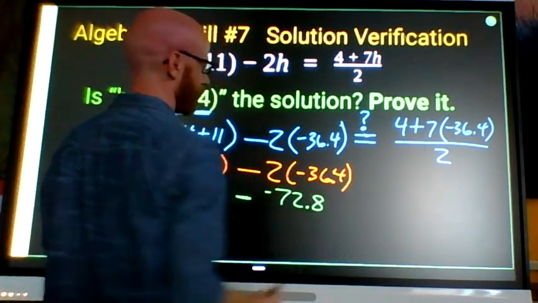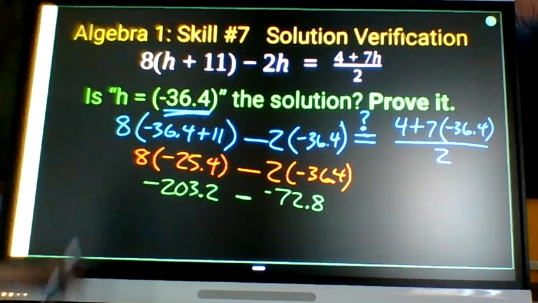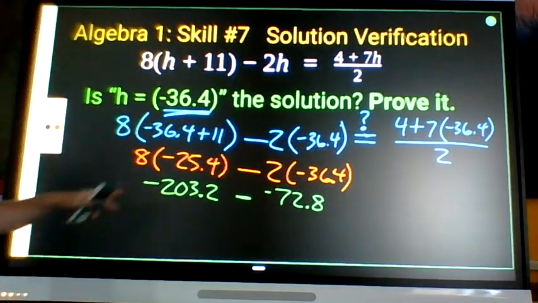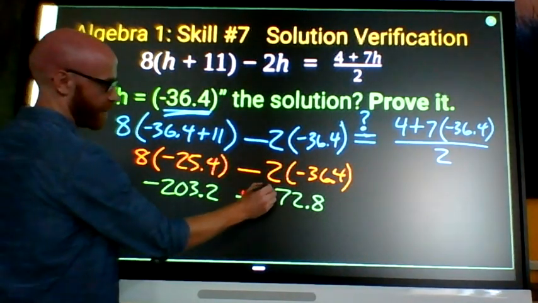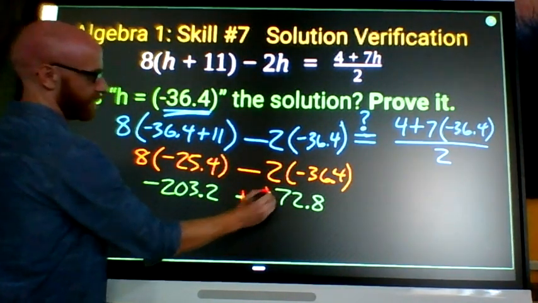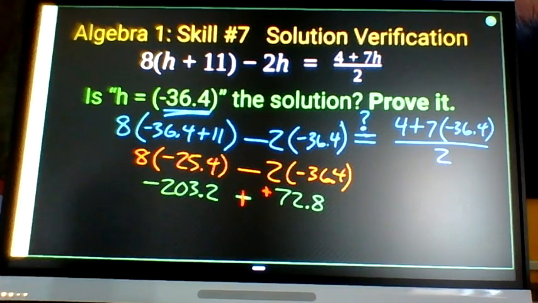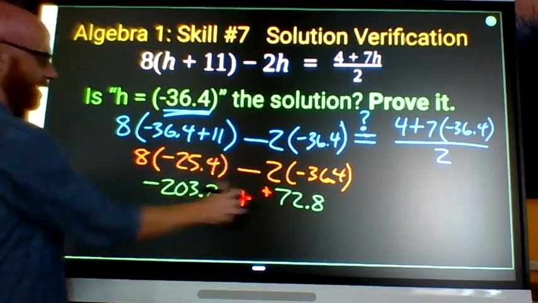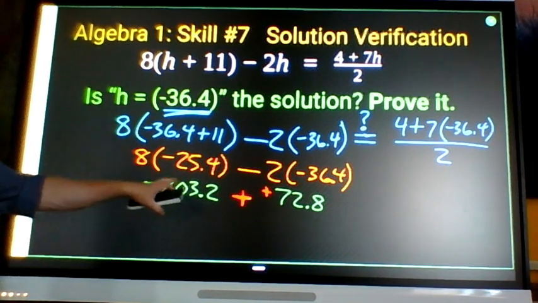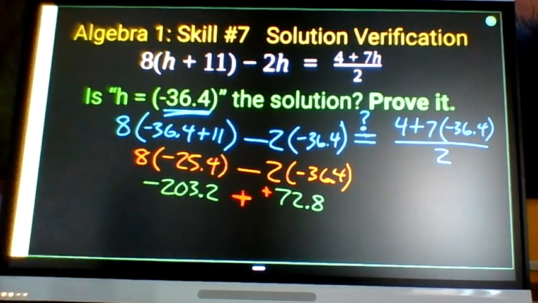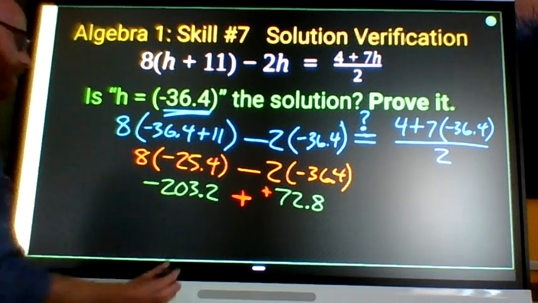Lastly, I'll do my subtraction, which, remember, keep switch, switch. So this is actually like an addition problem. But since they're opposite signs, I'm going to have a negative answer, but this negative answer will be reduced by 72.8.